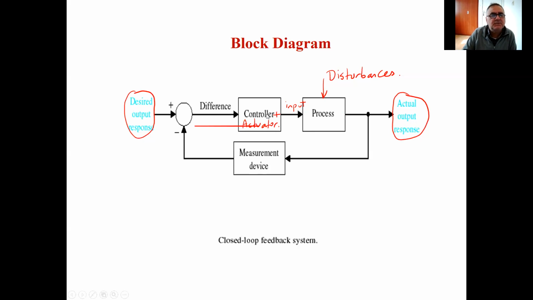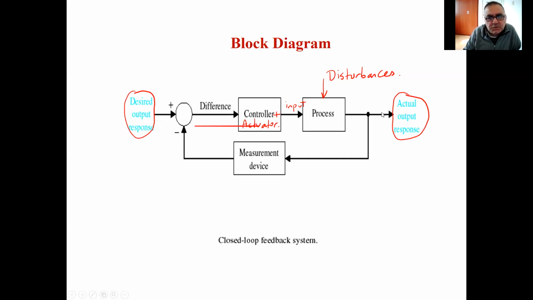The difference drives the controller and the actuator, and it changes the response of the system. It tries to keep the output response equal to the desired output response. That is the idea here, by use of the so-called feedback.